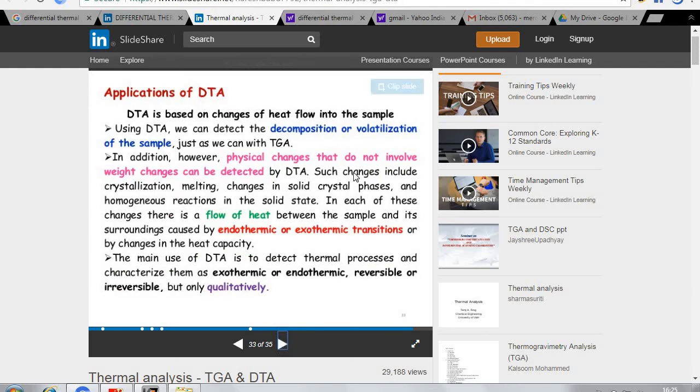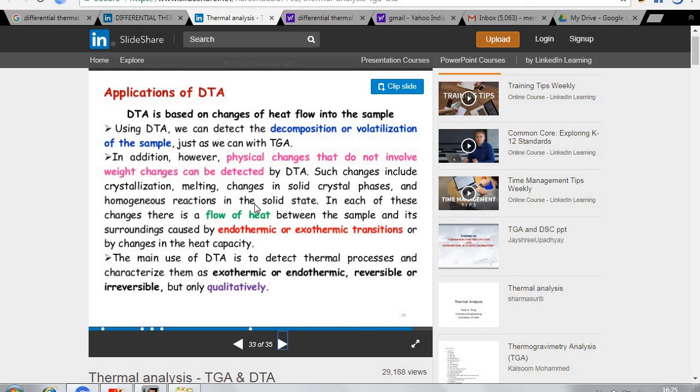Okay, so what is the application of this? DTA is used to detect the decomposition or volatilization of the sample, and physical changes that do not involve weight changes can be detected in DTA. Okay, so not all physical or chemical changes are accompanied by weight loss, and those cannot be determined using thermogravimetry.